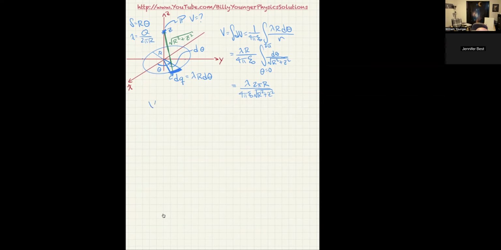So the voltage in terms of q is actually q over 4 pi epsilon naught square root r squared plus z squared, just like that. And that's our answer for our voltage above the middle.